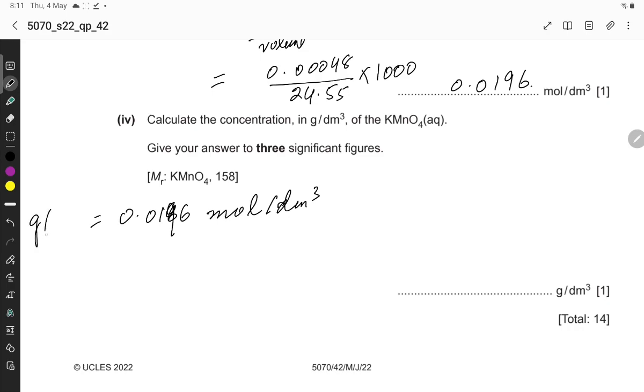So you convert to gram per dm cube. So mass is equal to mole into Mr, 158.